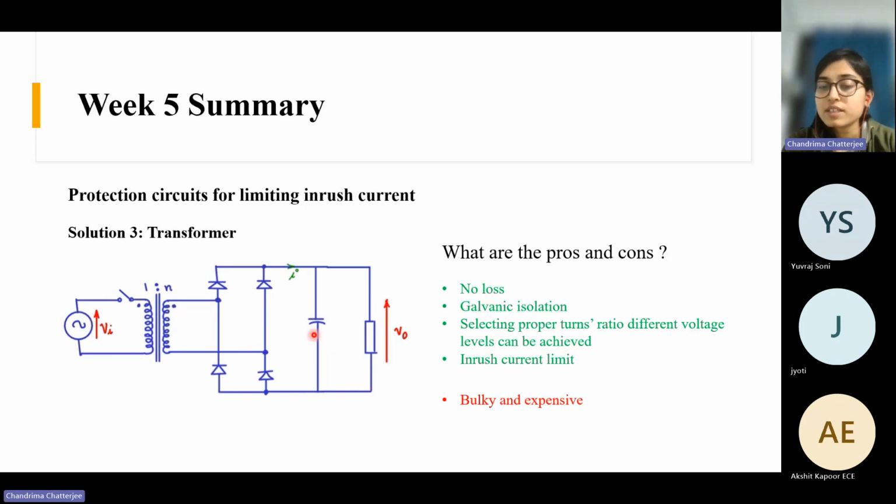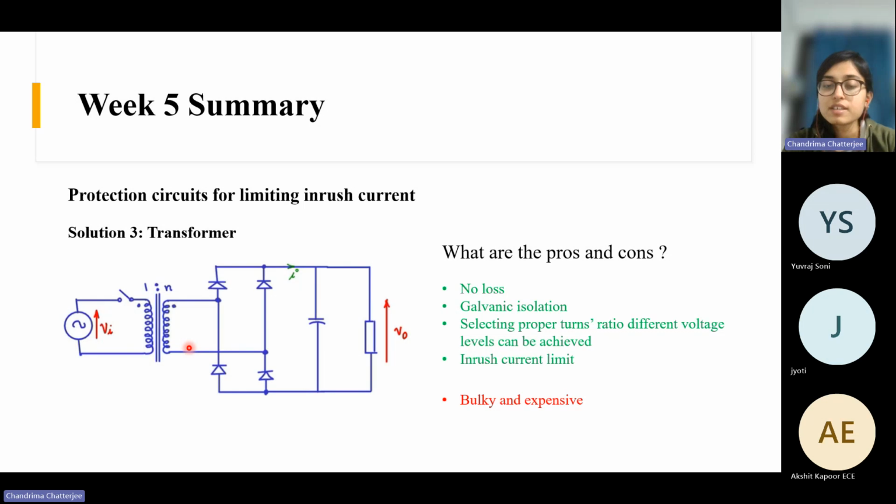So the first advantage is very obvious. There is no loss because a transformer is a passive element. In an ideal transformer there is no loss; practically there will be some loss, but that will be very negligible. So this is not a lossy solution, unlike the resistance one.